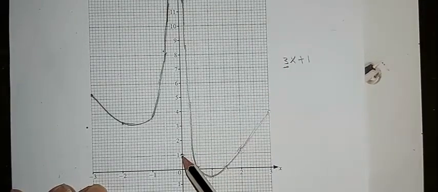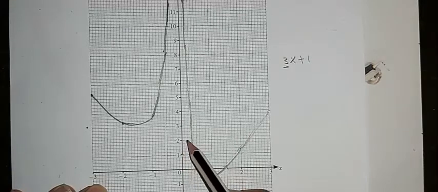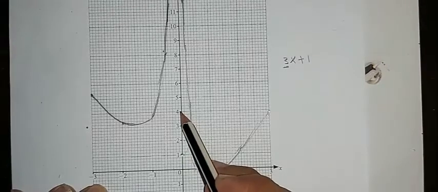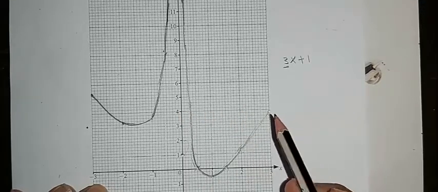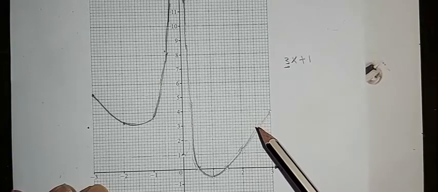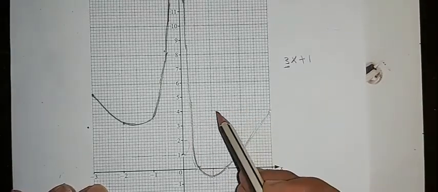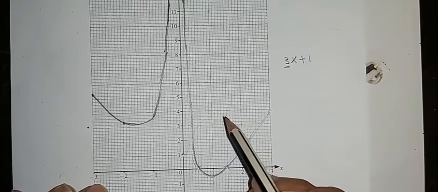We can go up 3 units from 1 here, 1, 2, 3, okay? 3 over 1 is the gradient, so we will go right for 1 unit, okay? 1 unit will be here, okay?